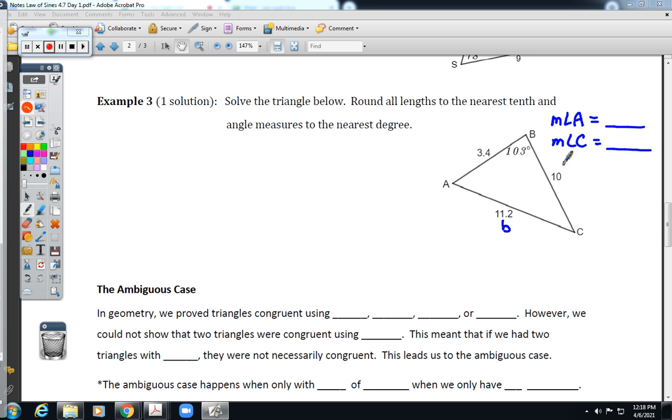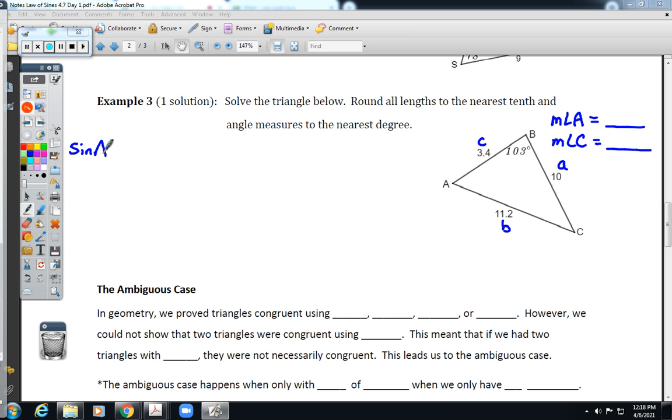Little a is 10, and little c is 3.4. Again, we name those based on which angle they are opposite. Which is bigger, angle A or angle C? A, very good. So we're going to find angle A.